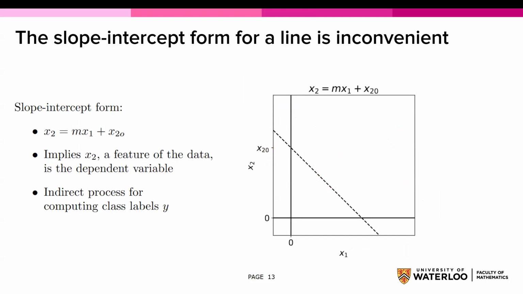However, the slope-intercept form is not that intuitive or convenient to work with here. For one thing, it confuses the dependency relationships between the features of the data and the output labels. The dependent variable in the equation is the output, whereas in our data set it is just another feature. Another issue is that it only gives indirect information about whether a point is above or below the line.